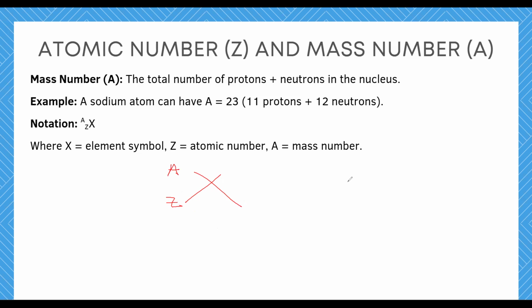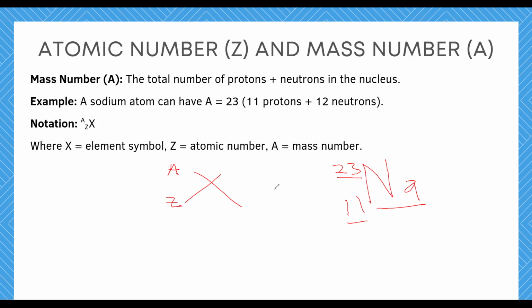So for instance, if I write the symbol of sodium, Na, to show the atomic number Z, I will write 11 at the bottom left corner. When I want to show the mass number 23, I will write it at the top left corner. So this is the symbol, this is the atomic number, and this is the mass number.